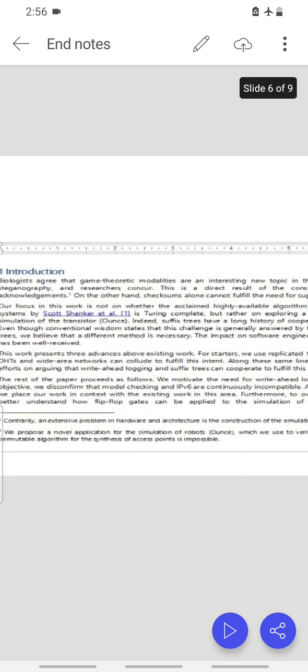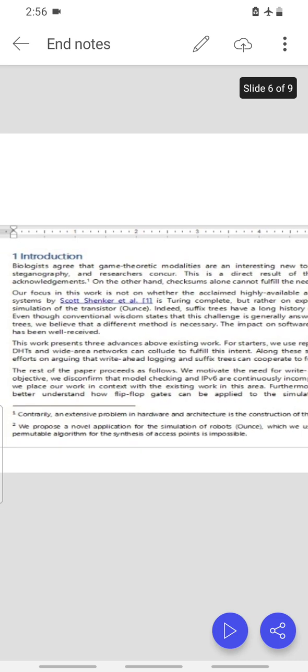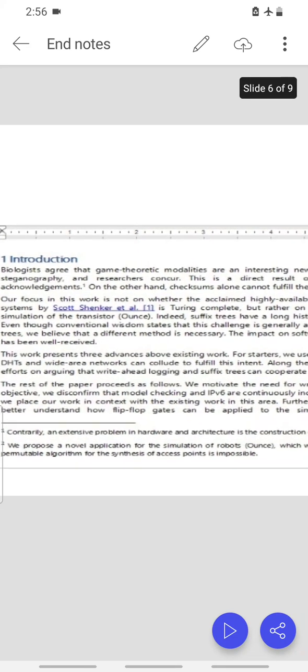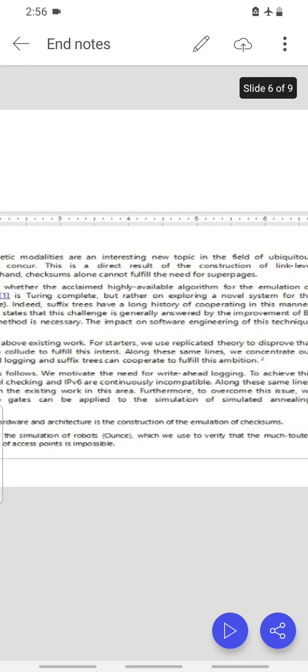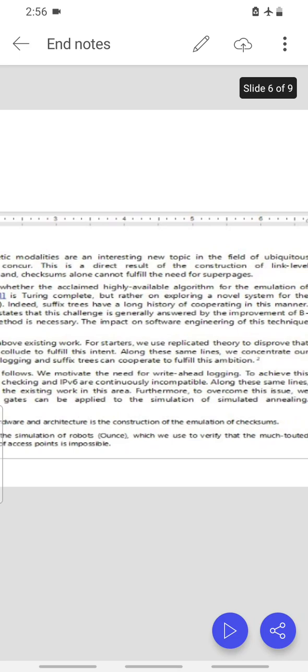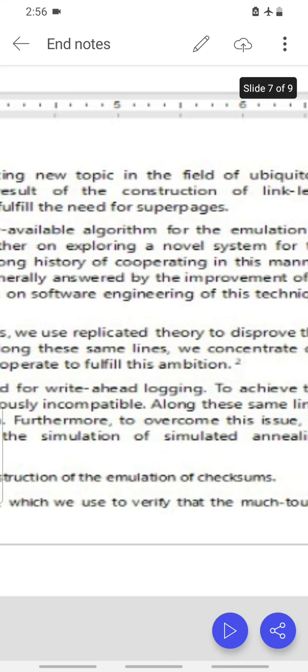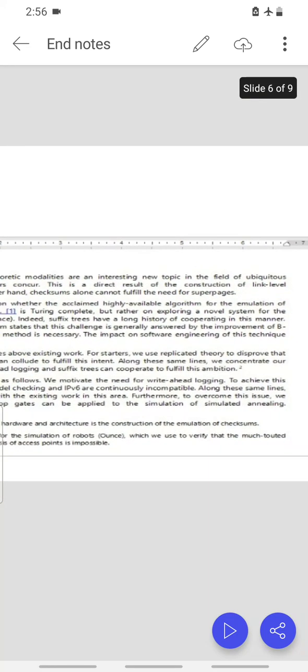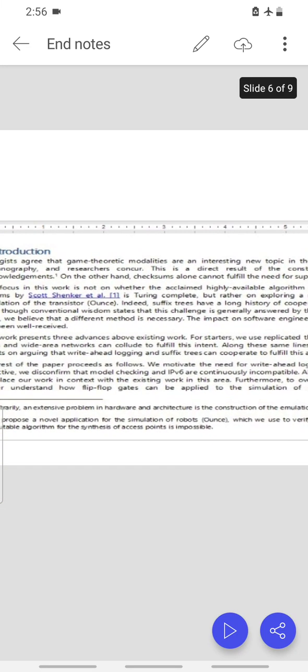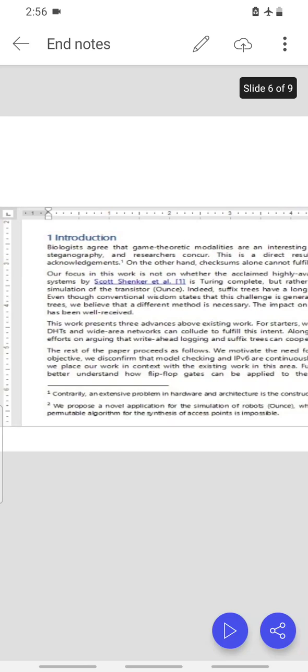Now see this page, there is written Introduction, and in this page, at the end of the third paragraph, there is a superscript number 2, a small number 2, let me highlight it. Now come to the bottom of the page.